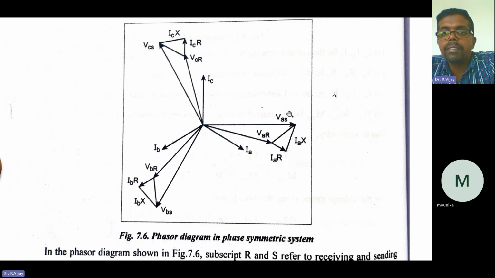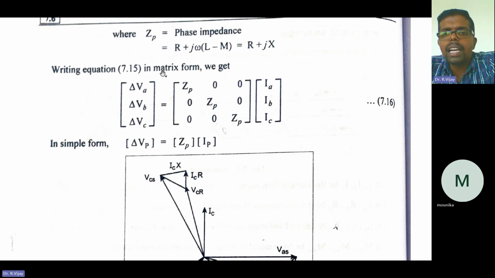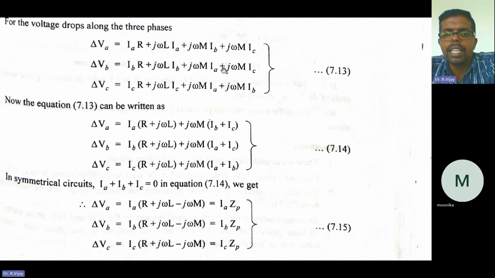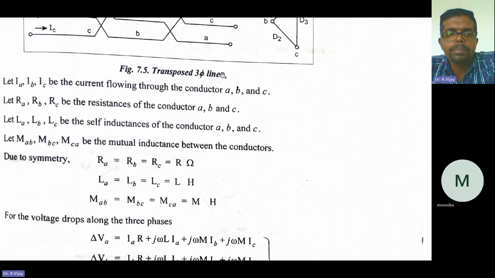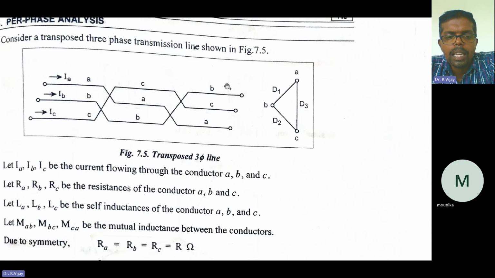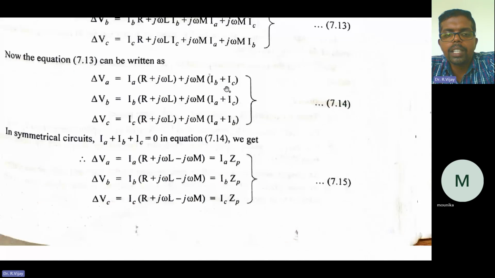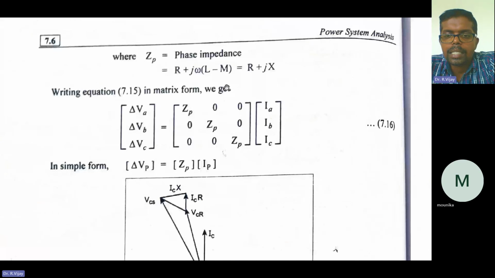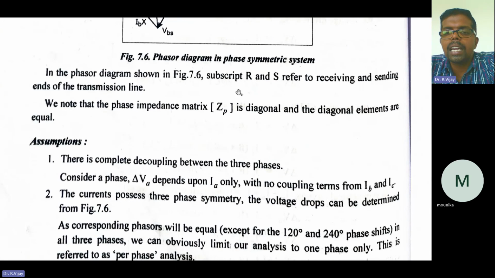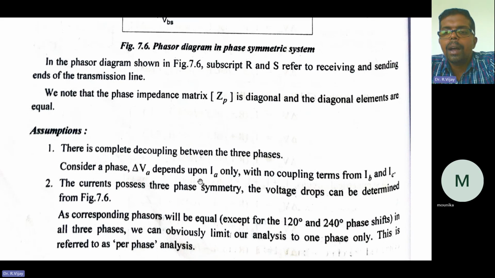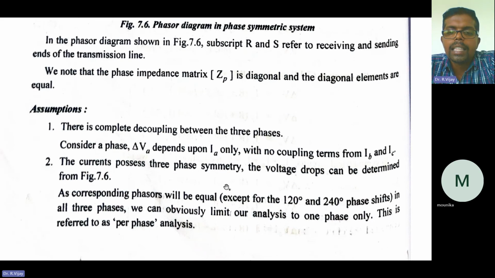You need to be very careful: all the IA terms, IB also we are converting in terms of IA, IC also in terms of IA, because that is called single phase or per phase analysis.